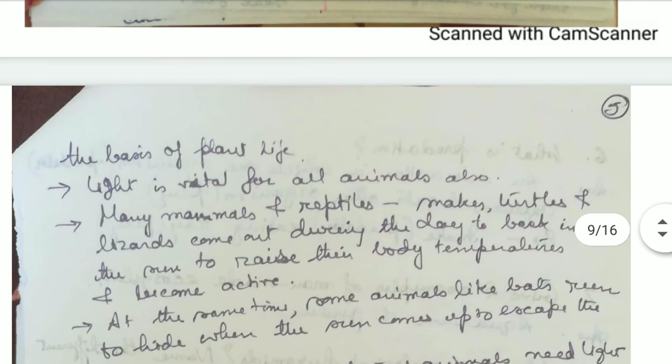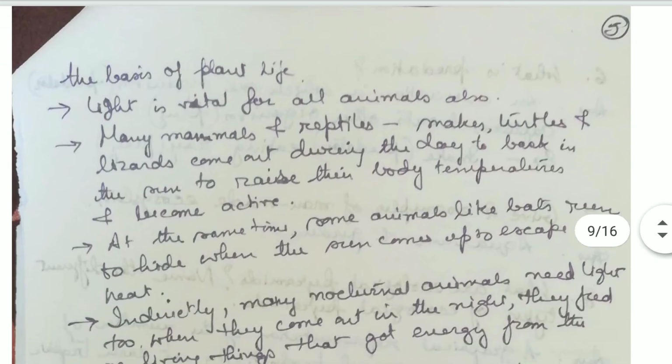Then light is of vital importance for animals also. Why? Because many mammals and reptiles like snakes, turtles, lizards come out during the day to bask in the sun, to raise their body temperatures and become active. That is why we cannot see these reptiles and certain mammals during winter or during night.